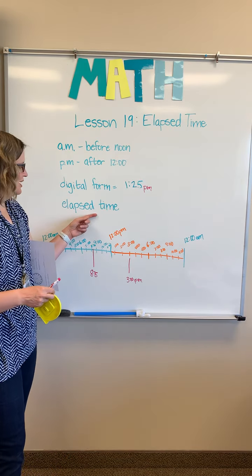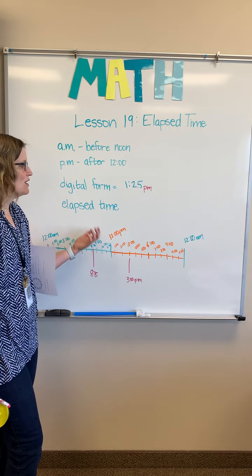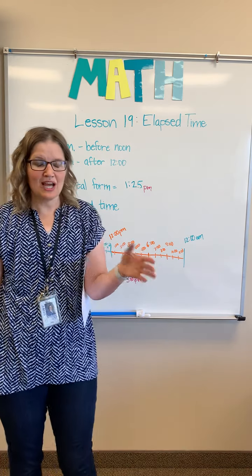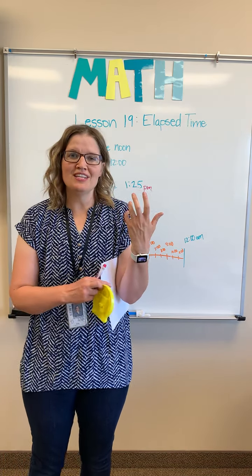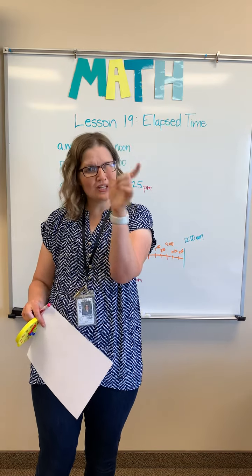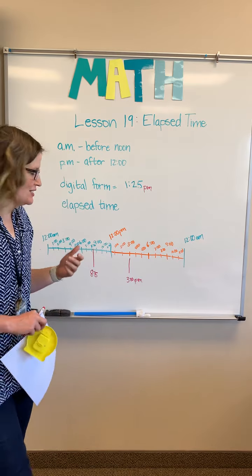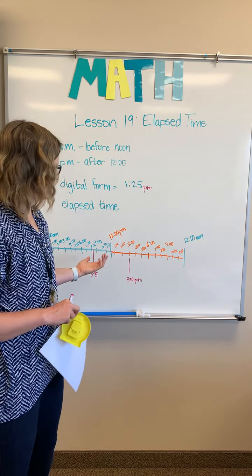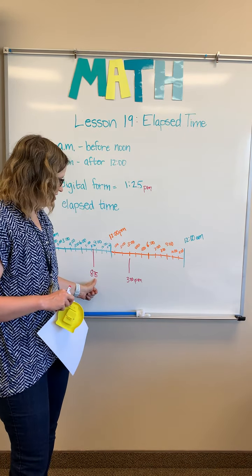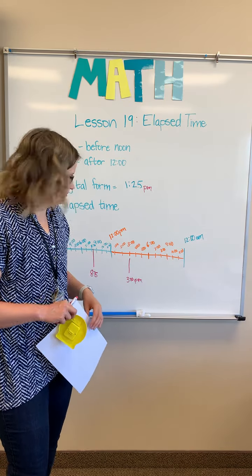Our final definition is elapsed time. Elapsed time is thinking about the distance between two time points. In your notebook, they ask about the elapsed time between when we begin school and when we end school.